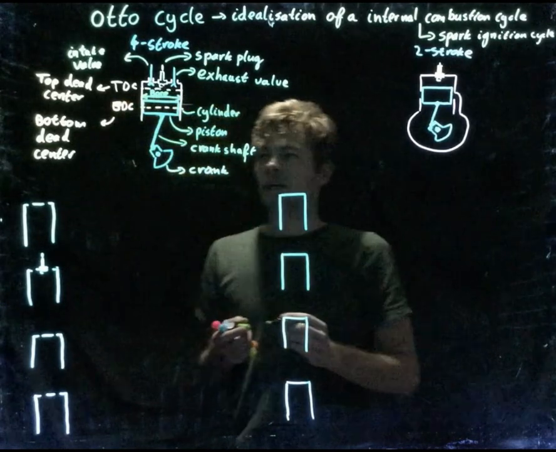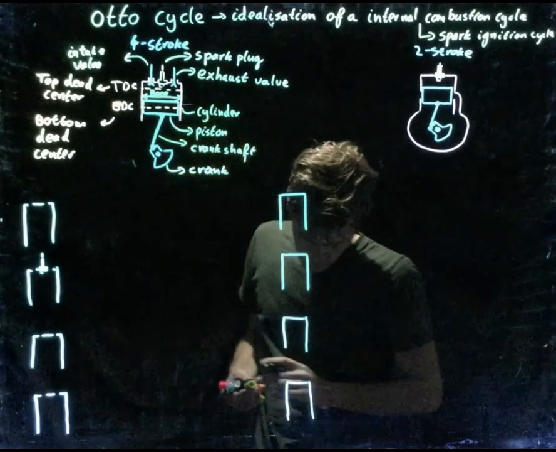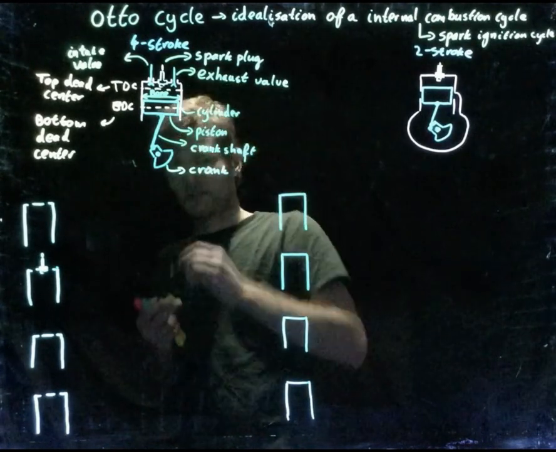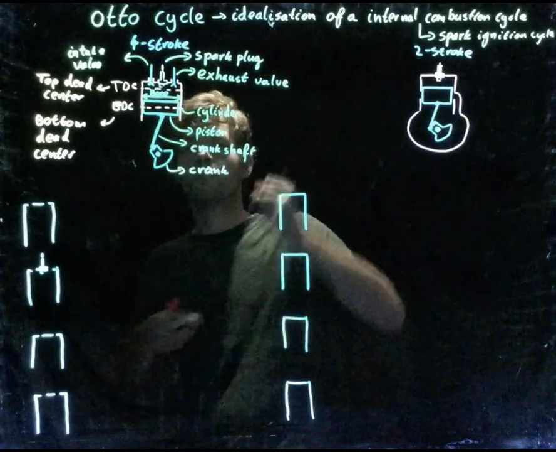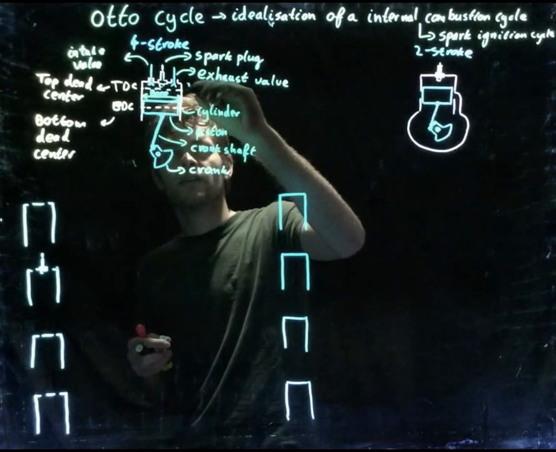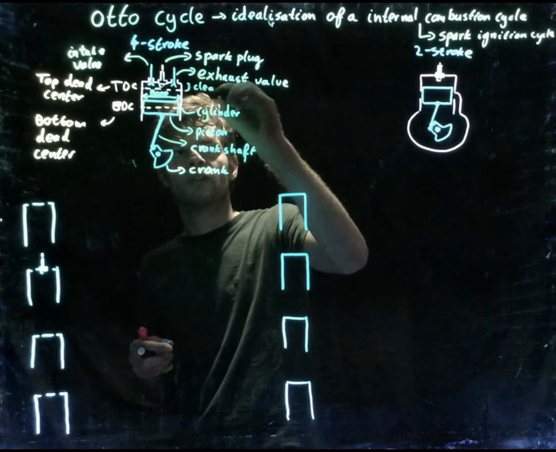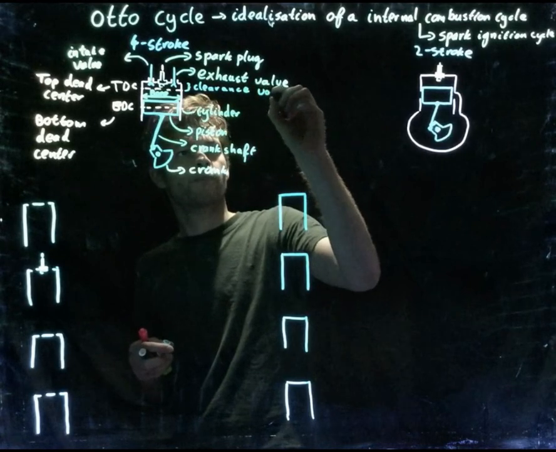And we have some volumes that need to be discussed. The volume above the top dead center is called the clearance volume.